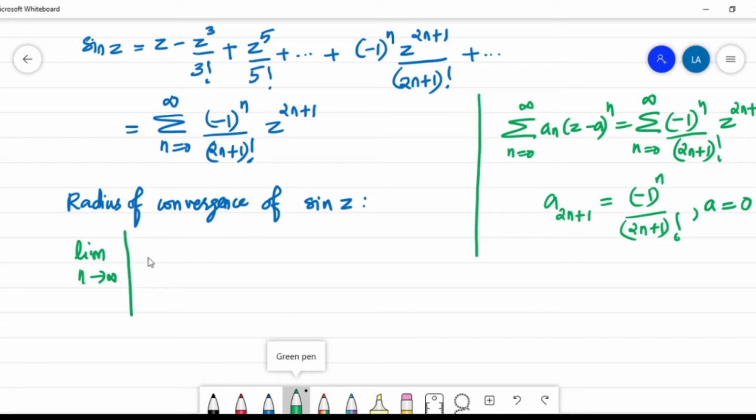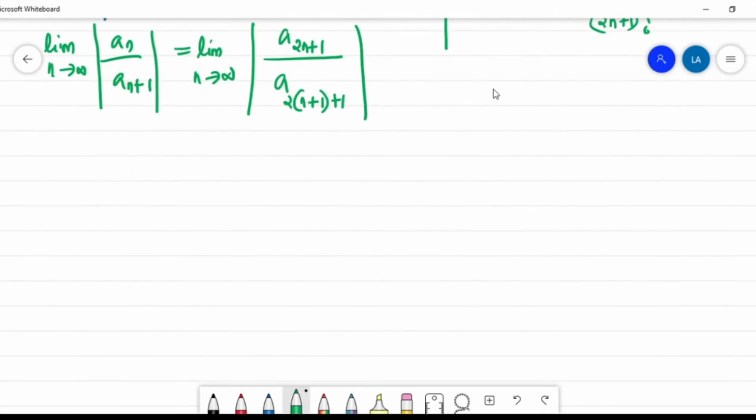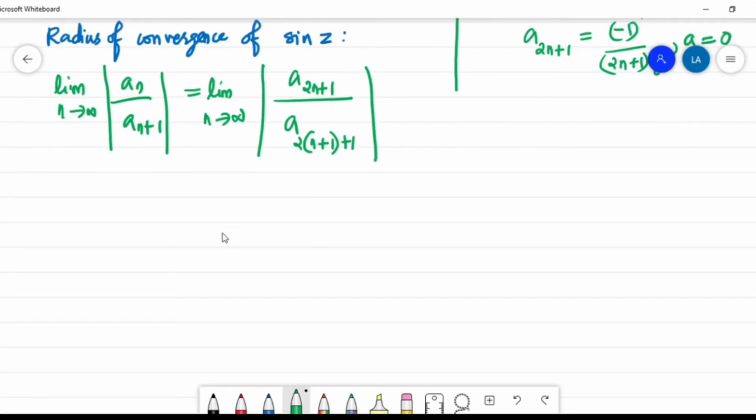So here limit n tends to infinity modulus of a n by a n plus 1. So instead of that, here we are going to have limit n tends to infinity, the same. Here we will have a 2n plus 1 divided by a, instead of n you will have 2n plus 1 plus 1, that is it. And just apply and substitute.